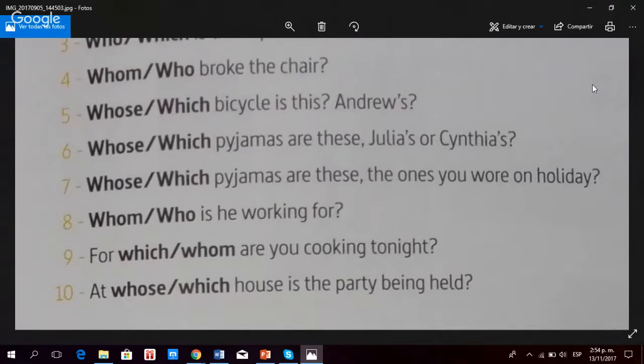Who is he working for? Whom. I think it's whom. Both, you can say who or whom. For whom are you cooking tonight? For whom, right. The last one is: whose or which house is the party being held?